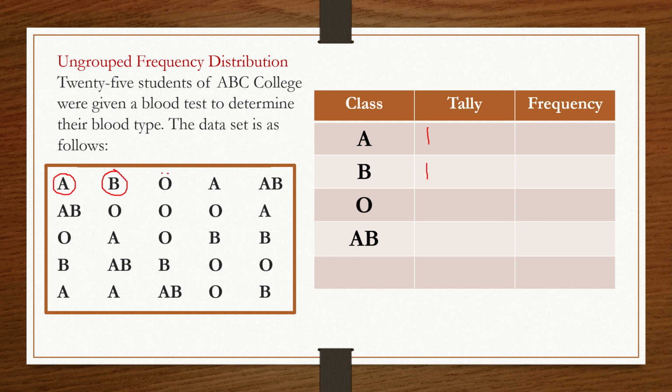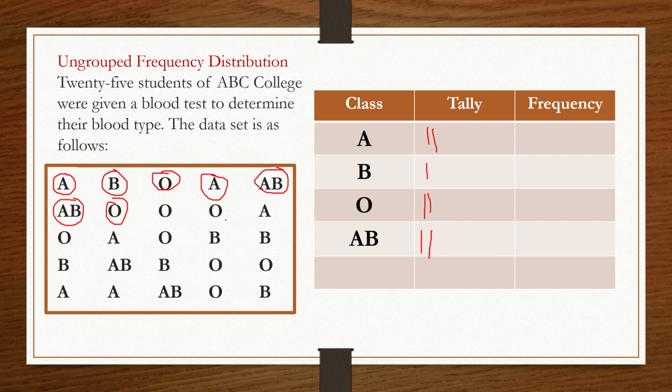Dito. O, dito. A, dito. AB, saan siya? AB po is dito. Continue, AB, dito. O, dito. Okay? So, continue mo lang po yan.